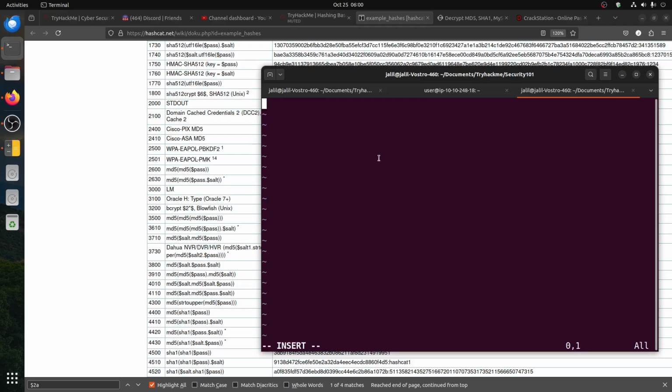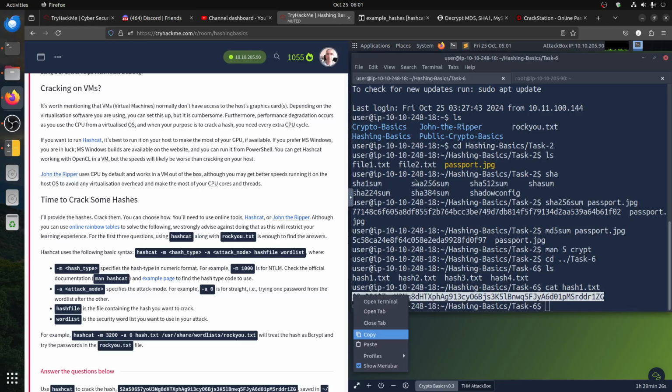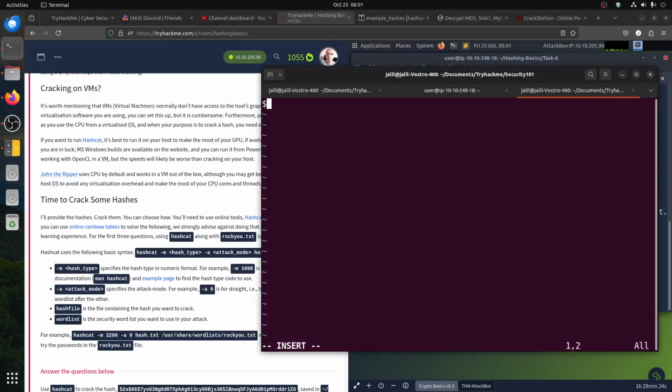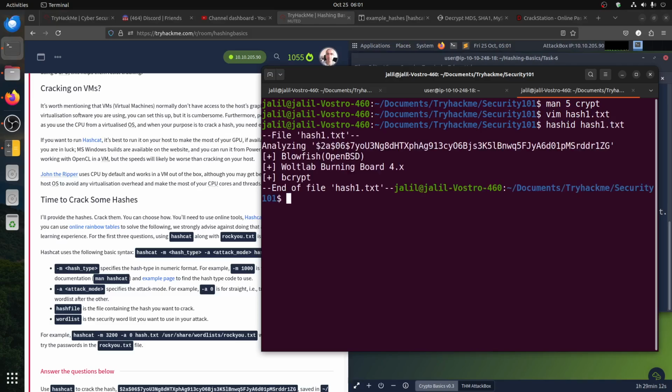My computer, I have something here. hash1.txt. Let me copy the whole thing. Let me close this, because there is a command you can install, for example, called hashid. If you install it in Ubuntu with apt, then install hashid and just run it on hash1, it analyzes and tells you it's either bcrypt, Blowfish, OpenBSD.